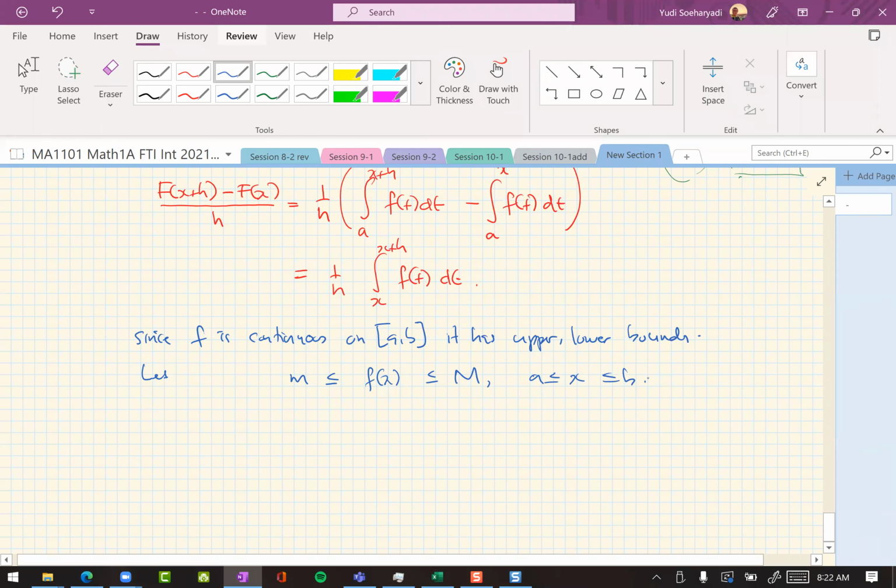Okay, so to this one, let's integrate from x to x plus h.